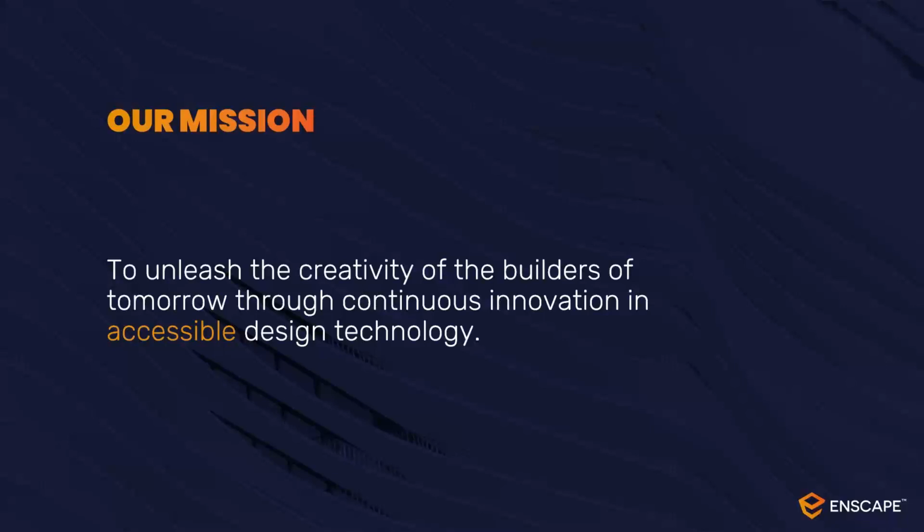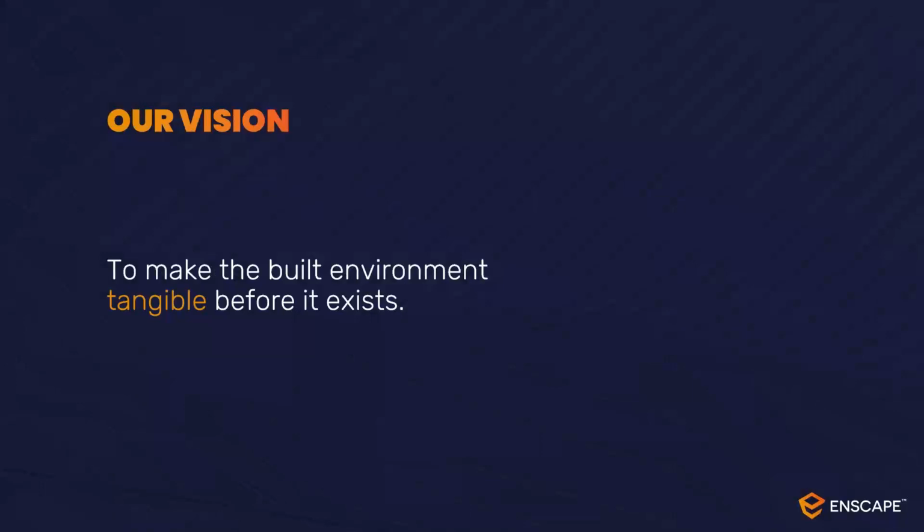And it also leads into our new vision. Our vision is to make the built environment tangible before it exists. This is a bit of a tall order, admittedly, but it's something that we're always trying to pursue. Buildings are getting more complex and schedules are getting shorter, and I think everyone here can recognize that. We recognize the challenges this puts on the entire design and delivery team and on the communities we build in and build for.